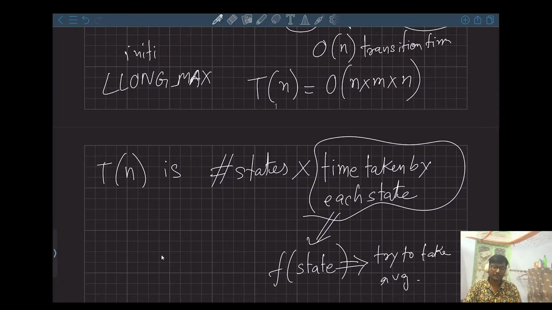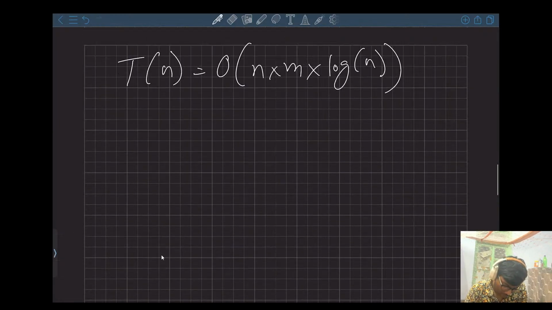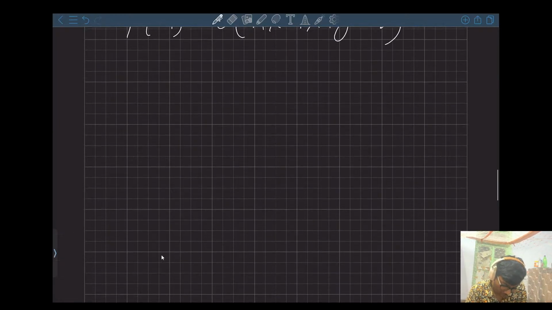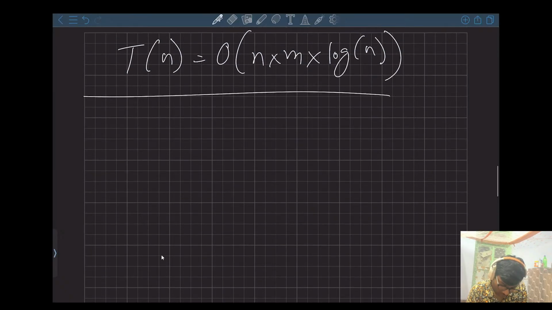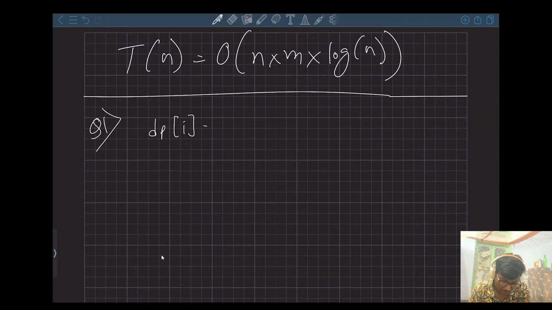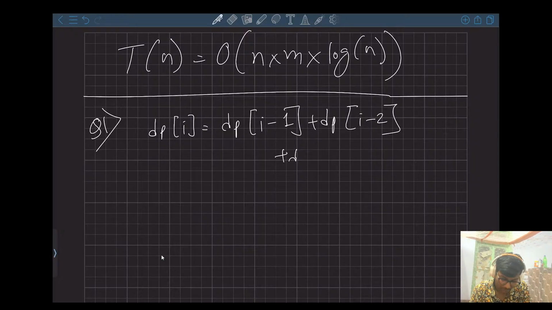Let's start with a simple question: dp of I equal to dp of I minus 1 plus dp of I minus 2 plus dp of I minus 3.